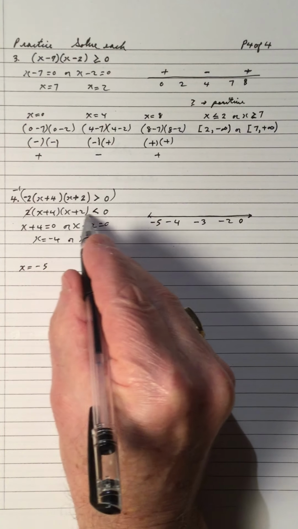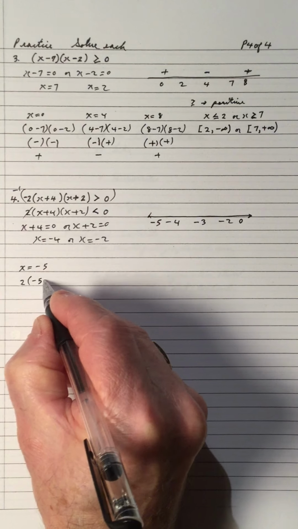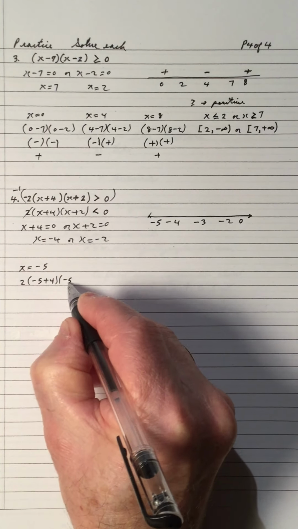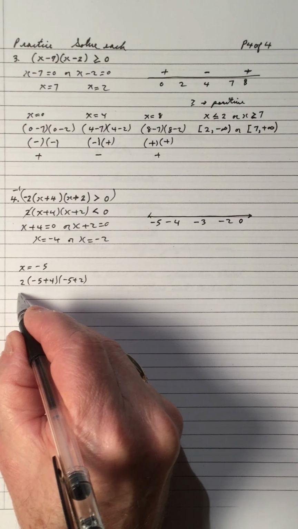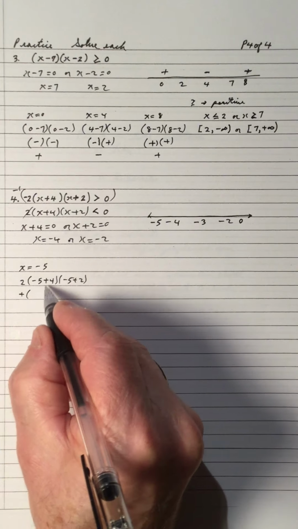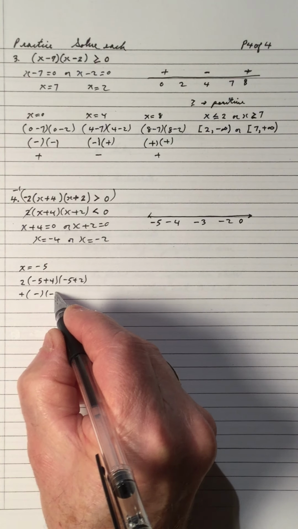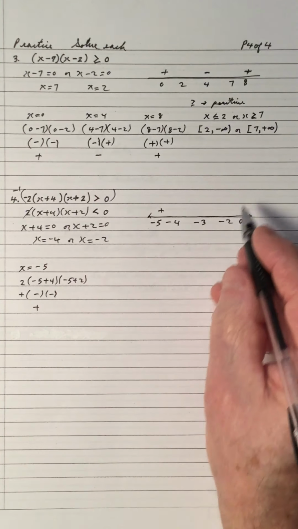So let's deal with the negative 5. We're dealing with this bracket here now. So 2, negative 5 plus 4, and negative 5 plus 2. So that's a positive, this is a negative, and that's a negative. Positive for this interval.